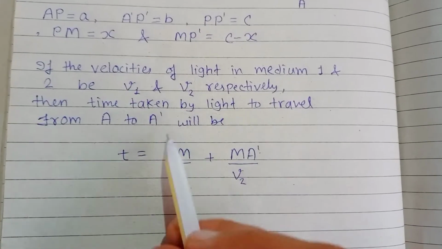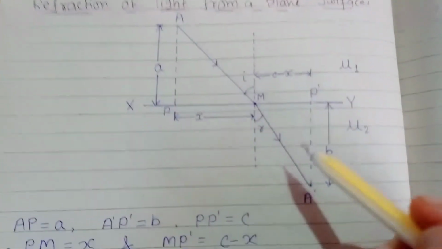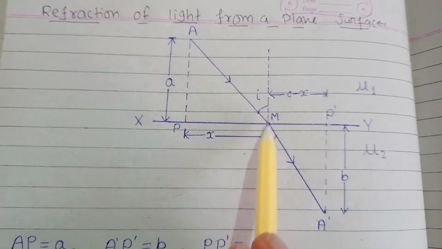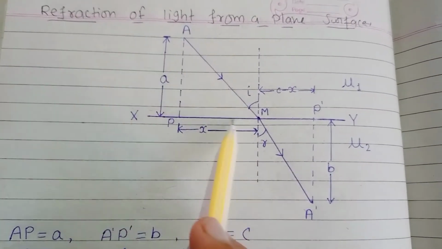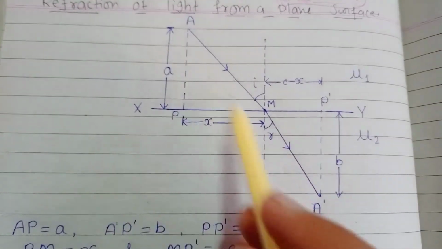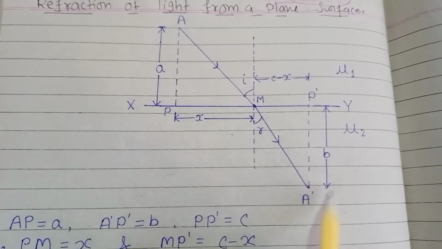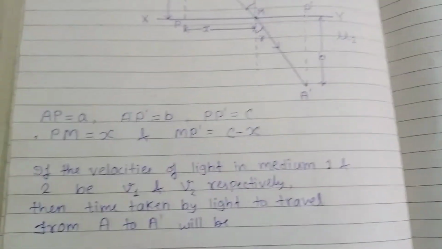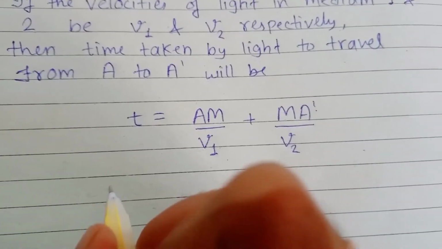Here we have two terms because there are two mediums, two velocities and two distances, AM and MA dash. In the first path the light travels with the speed v1, and in the second path with the velocity v2, because there are two different mediums, so the velocities are also different. After this we will calculate the values of AM and MA dash.